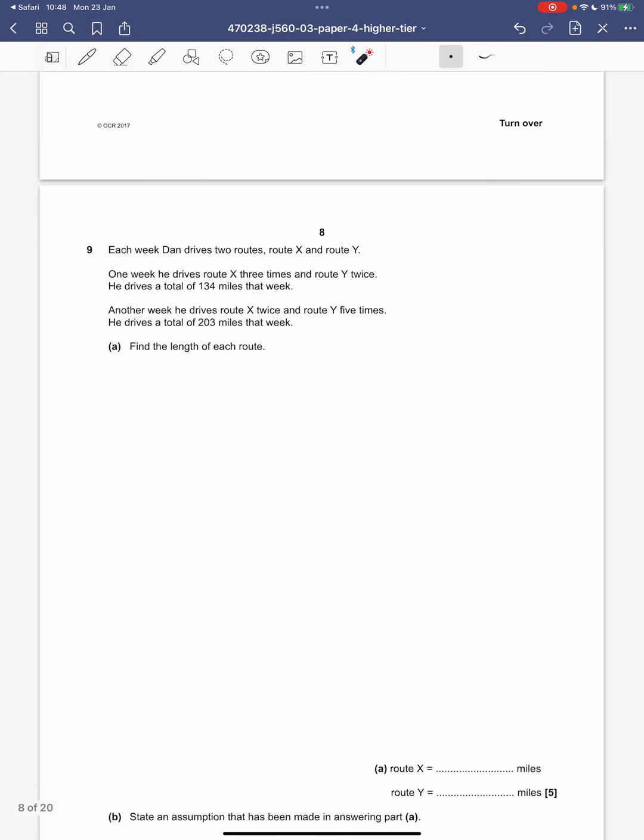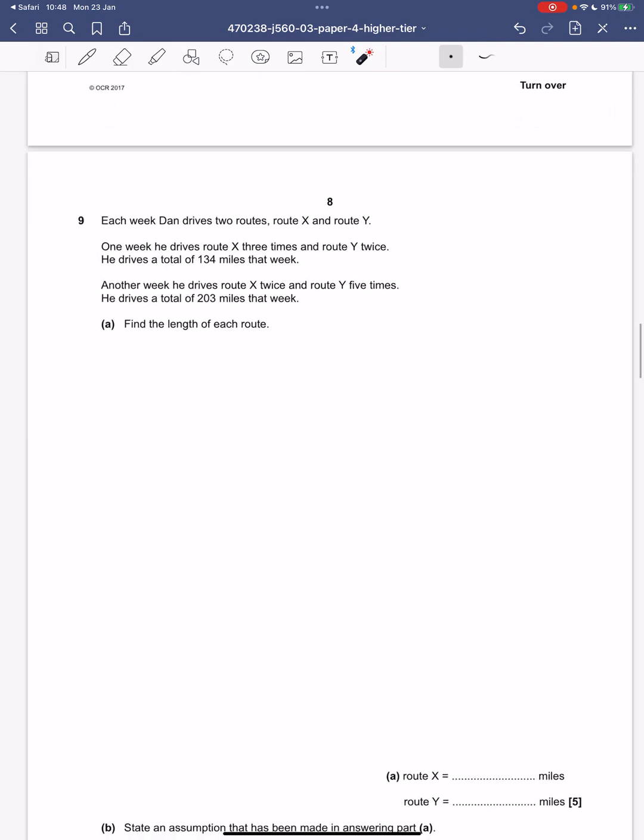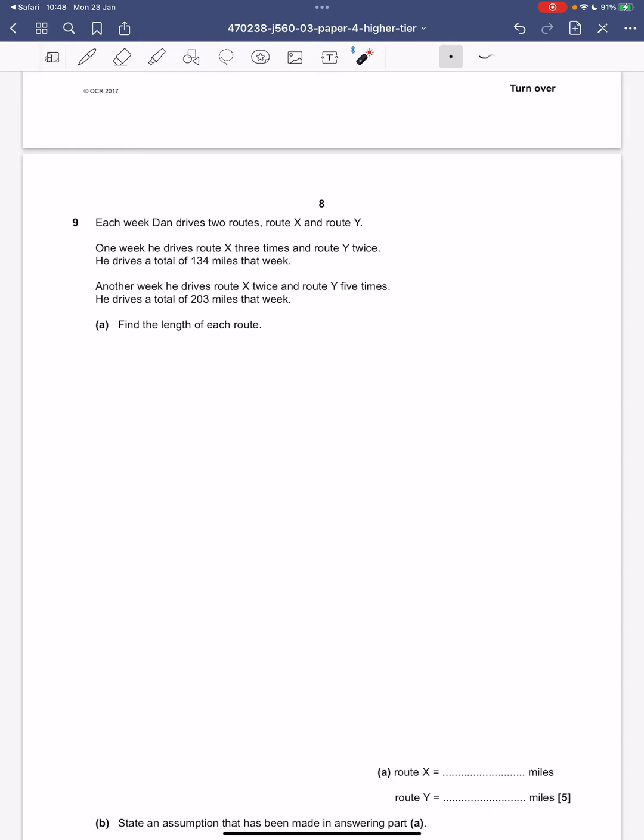Right, next page. Each week Dan drives 2 routes, route X and route Y. One week he drives route X 3 times and route Y twice, and he drives a total of 134 miles that week. So that's 3x plus 2y equals 134. Another week, he drives route X twice and route Y 5 times.